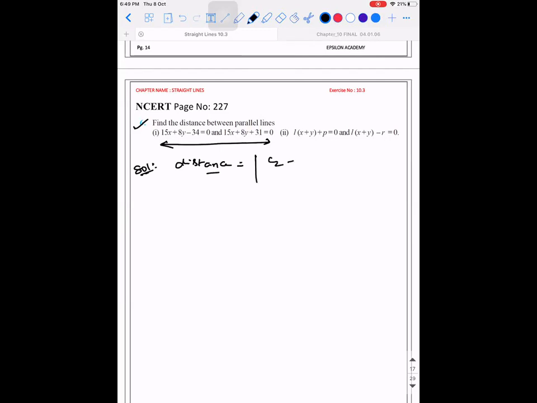It is mod of C2 minus C1 divided by root of A square plus B square. 65 divided by root of 15 square plus 8 square. 15, 8 and something else is a Pythagorean triplet. 17, sir. Yes. So it is 65 by 17 units.